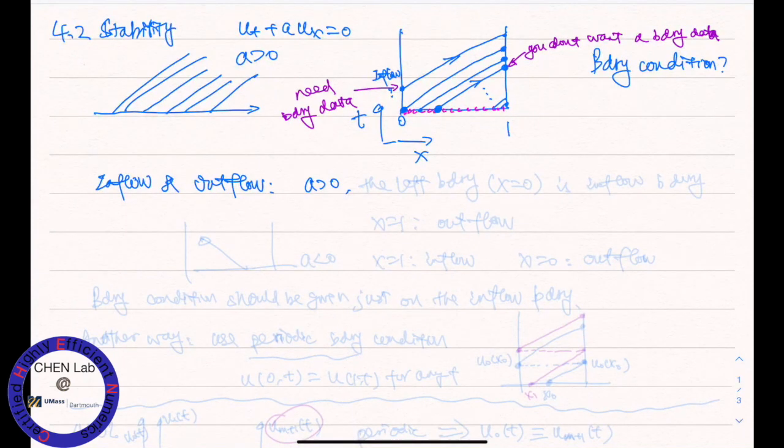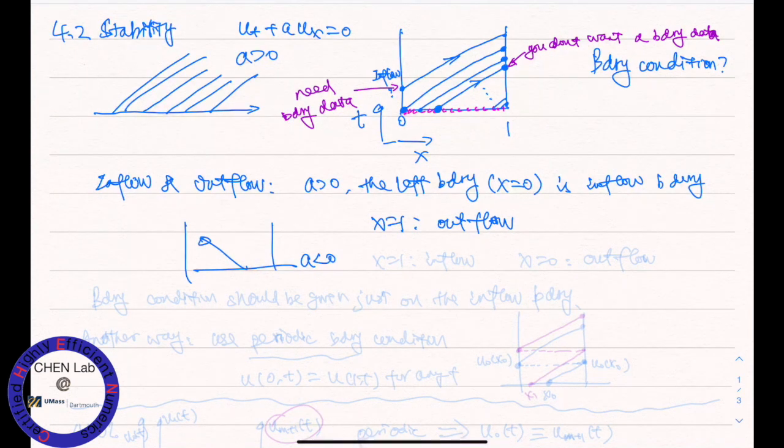When a is larger than 0, the left boundary, x equal to 0, is the inflow boundary, and x equal to 1 is outflow. As you can imagine, when a is negative, the information goes towards the other direction.